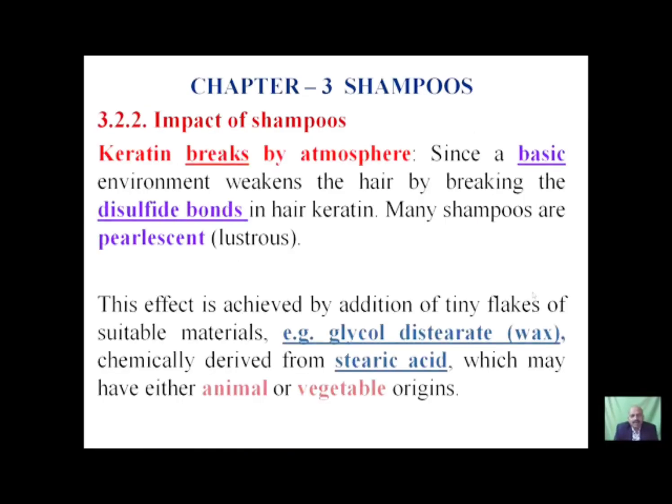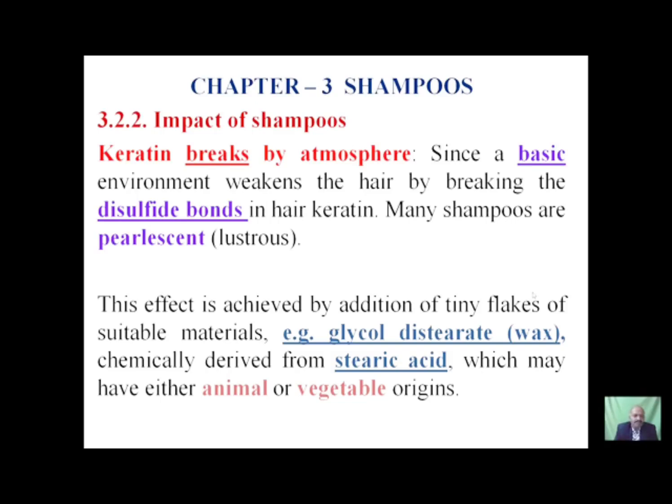Now, how the shampoo actually impacts the hair: because of atmospheric conditions, keratin breaks down in the atmosphere. Keratin is a protein that is present on the surface of the hair. So keratin sometimes, because of atmospheric conditions, will break down and cause shrinking of the hair.